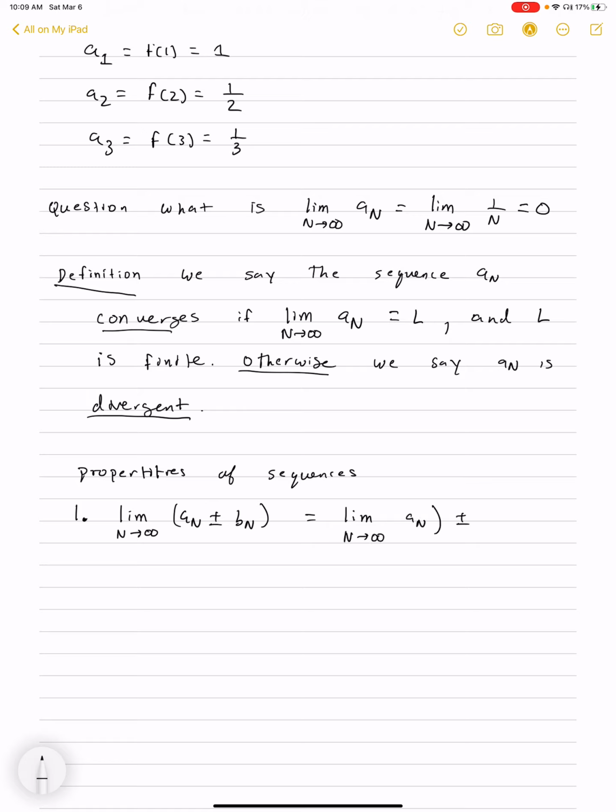Okay, that's the same calculus 1 rule that we had. Two is that the limit of a constant times a sequence is the same as the constant times the limit of the sequence.